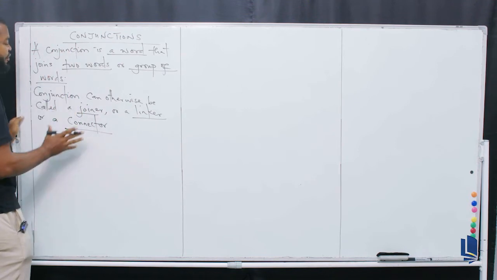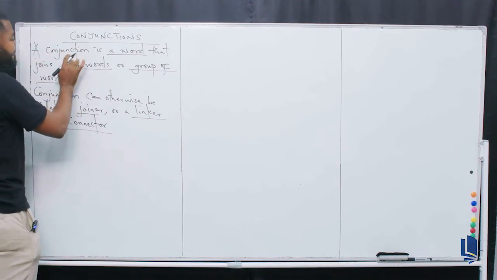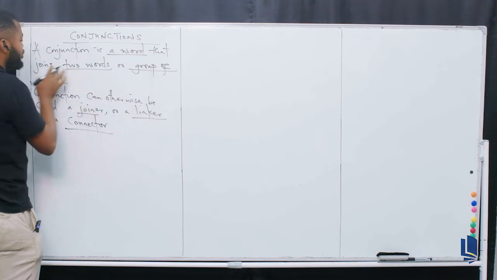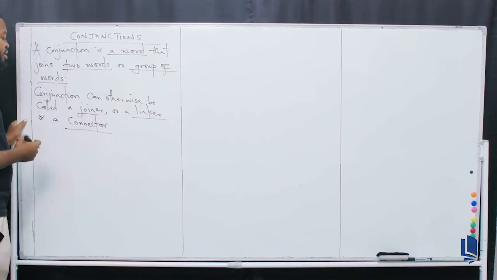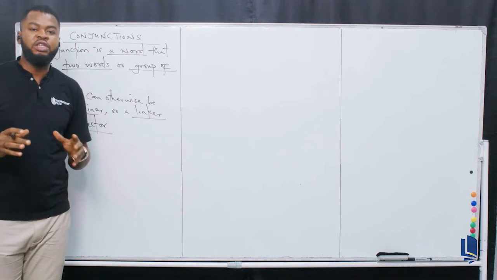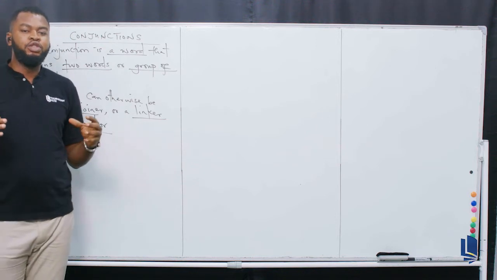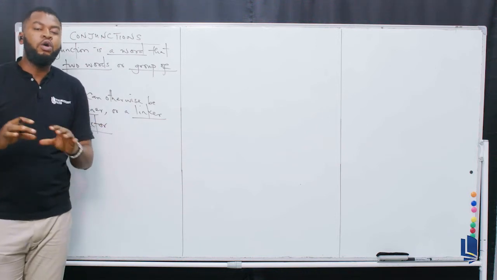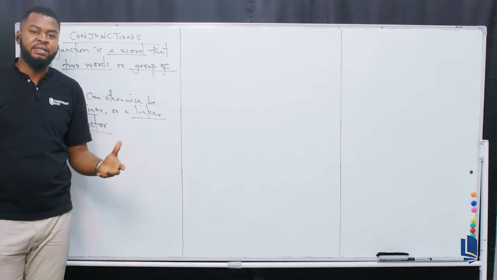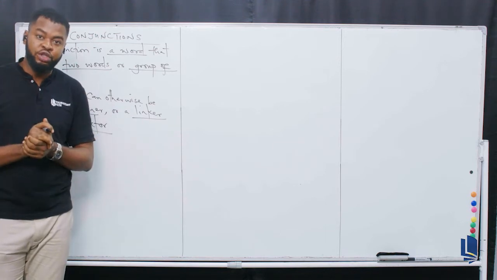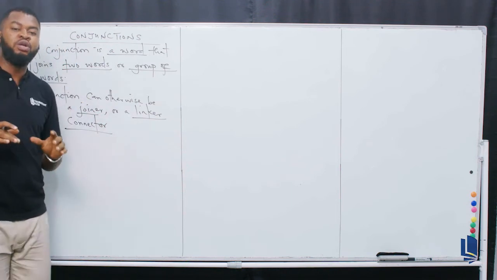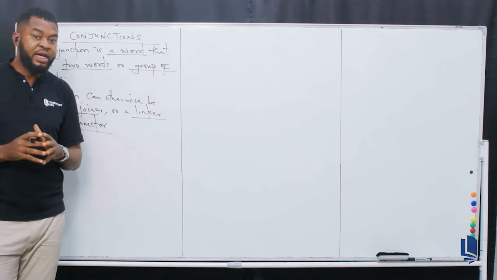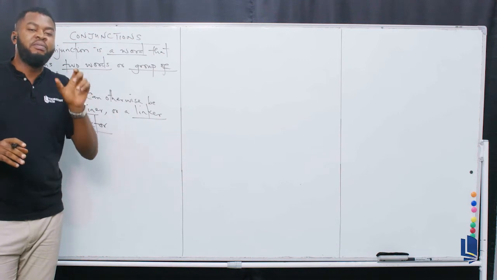Remember, by the definition, it is a word that joins two words or a group of words. So the major function of a conjunction is to help join two words or group of words in a particular sentence. And remember that a conjunction is one of the word classes in English language, I mean, one of the parts of speech.